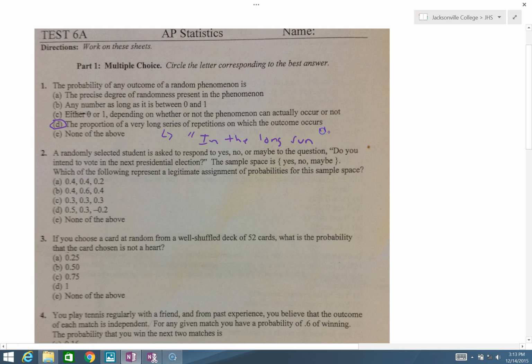Think about the law of large numbers, which we did our last project on. That is essentially how we view probability. It's the frequentist definition. Frequentist probability.